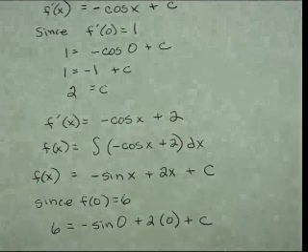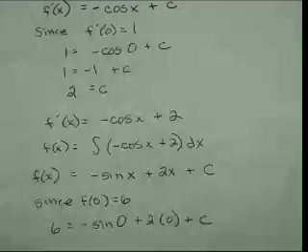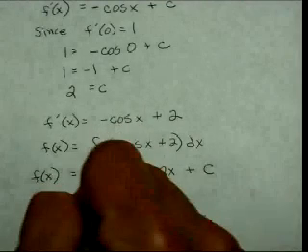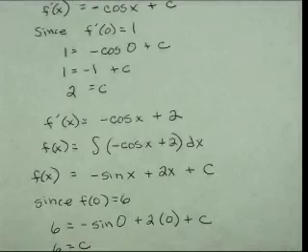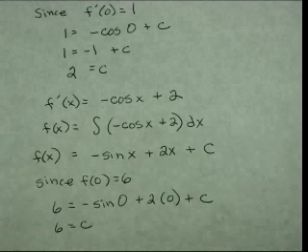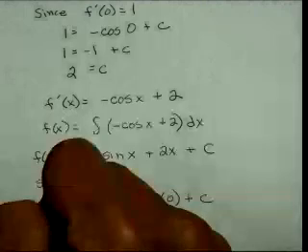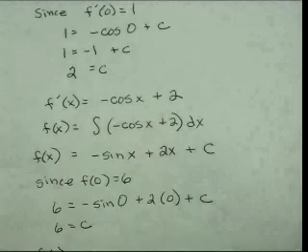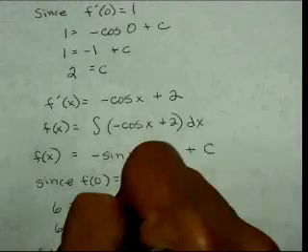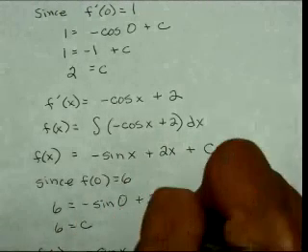What's sine of 0? 0, and 2 times 0 is 0, and 0 plus c is c. So that constant is 6. And our specific solution to that differential equation is negative sine x plus 2x plus 6.